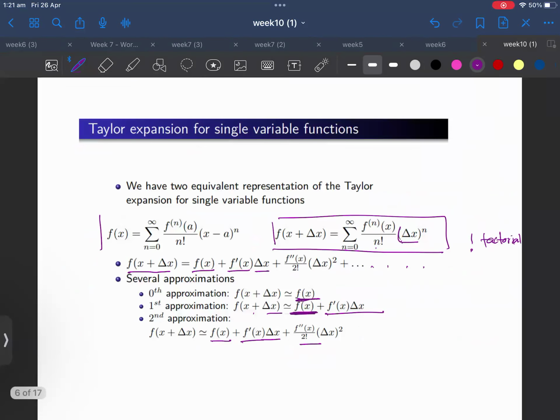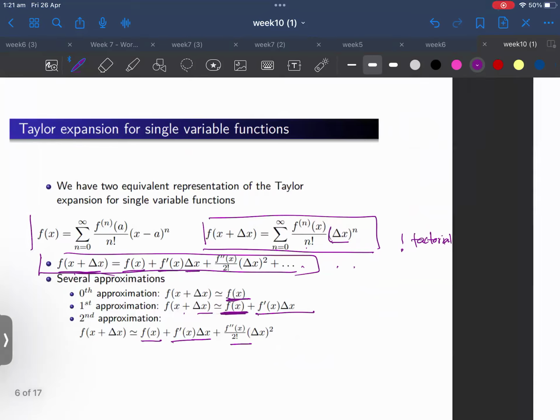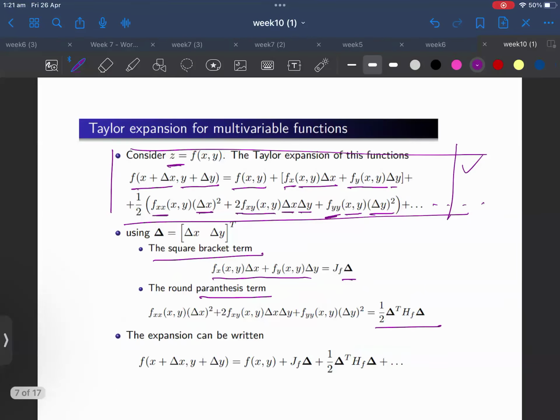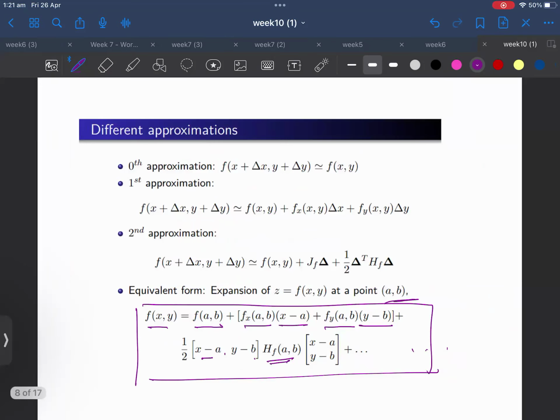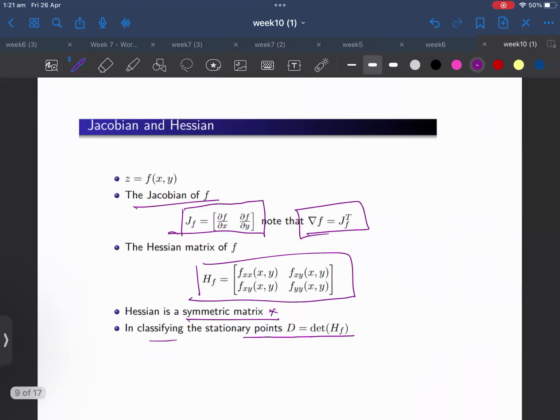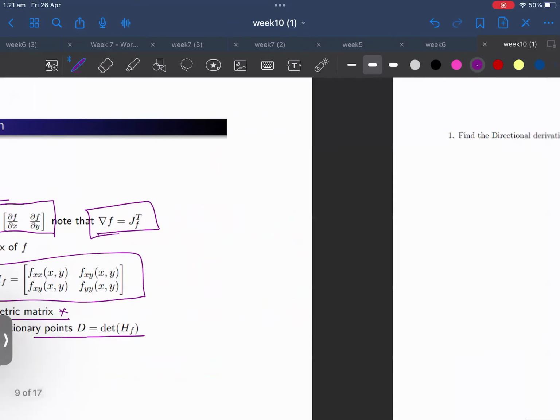Okay, so this is the Taylor expansion. This is the formula. And this is the Taylor expansion for multivariable functions, same thing. And we need the Jacobian of f. What is that? What is the Hessian matrix, and how to find the Hessian matrix.